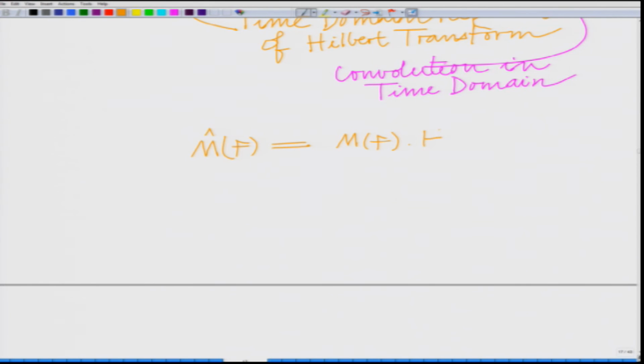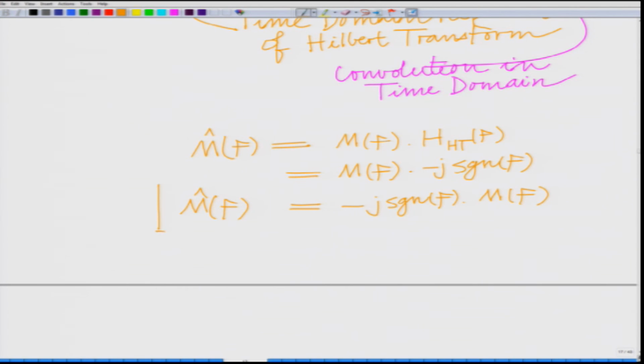So, this is M(f) into H_Q(f), which is basically M(f) times minus j sgn f, the product, correct. Okay.